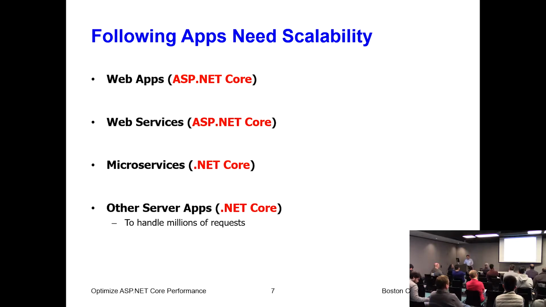Either way, if they're high transaction, they are also going to need scalability. Microservices is becoming a hot new buzzword now. This is how you want to re-architect your application. Microservices are also server-side technology. They're used in high transaction applications and will need scalability.